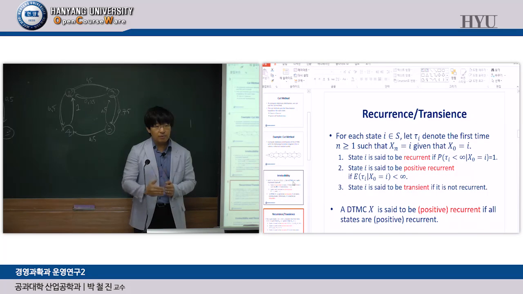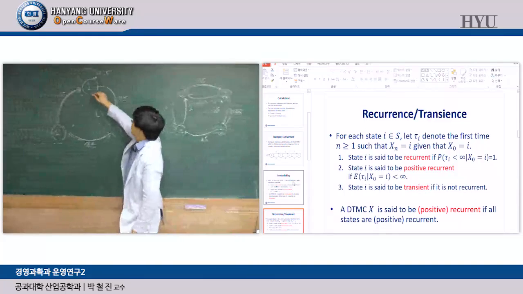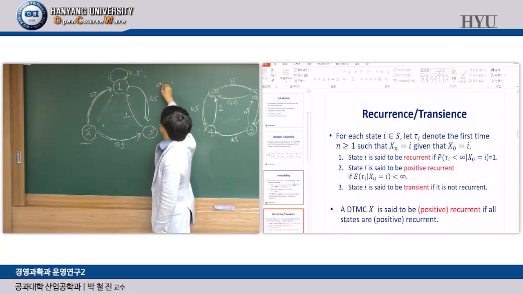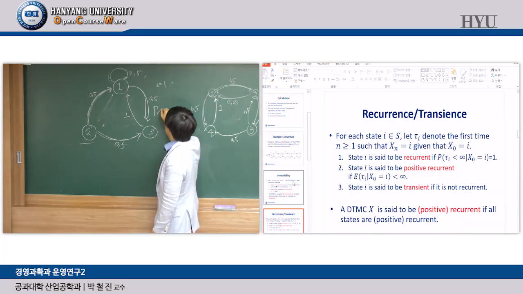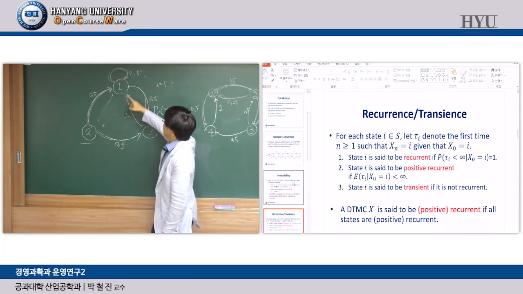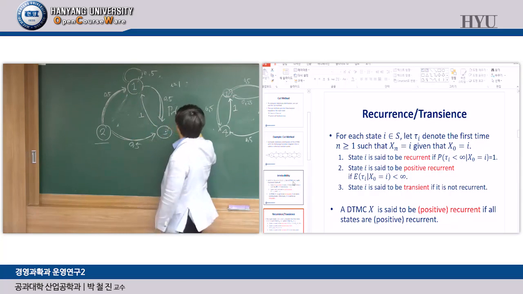This number of steps represents tau I. For example, in this case, if I is 1, the probability of tau 1 equals 1 is just coming back with one step, which is 0.5. Just with one step, we can come back. Right? 0.5.